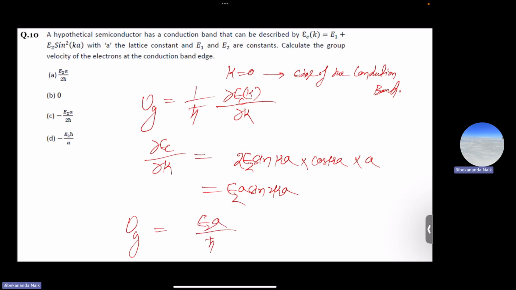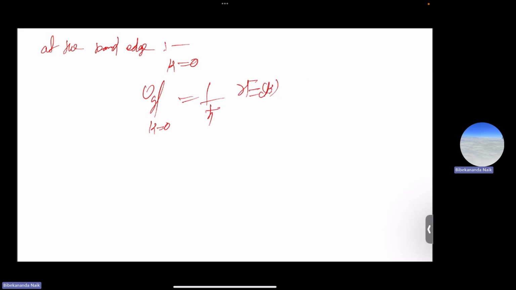So group velocity Vg will be E2 a by h cross sin 2Ka. So at the band edge, that is k equals to 0, Vg at k equals to 0 will be 1 by h cross del Ec by del k at k equals to 0.